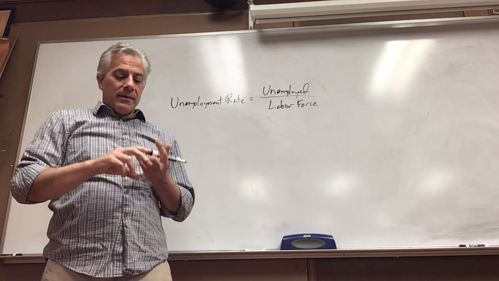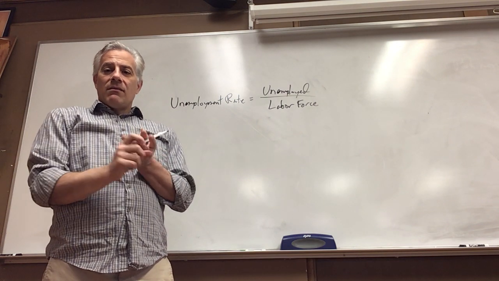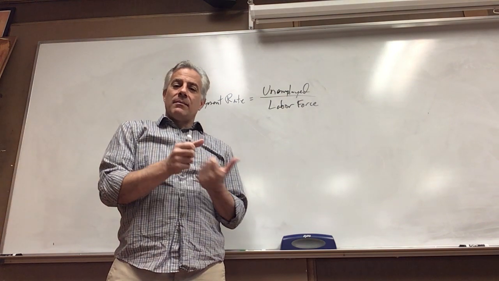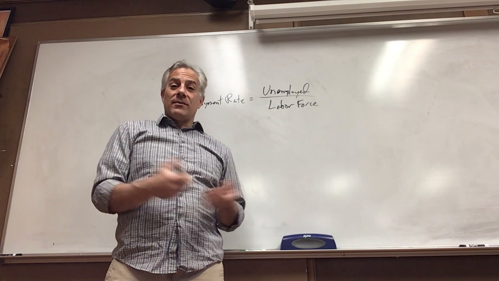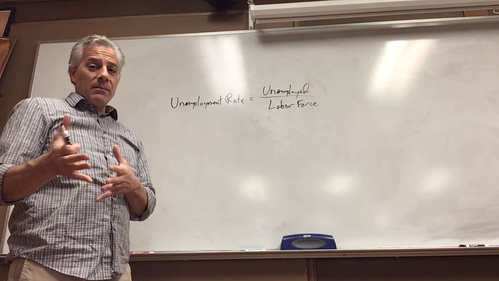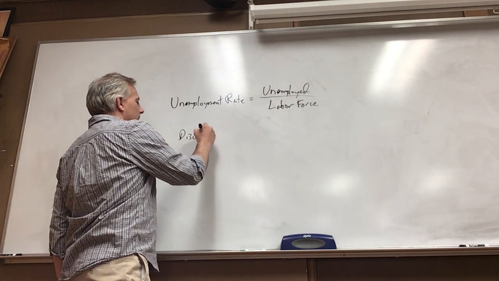Homemakers, retired people. Children under the age of 16. Full-time students. People that are incarcerated. People that are disabled. Okay? People that are just rich and don't feel like working. Okay? And then last but most importantly, discouraged workers are not part of the labor force.